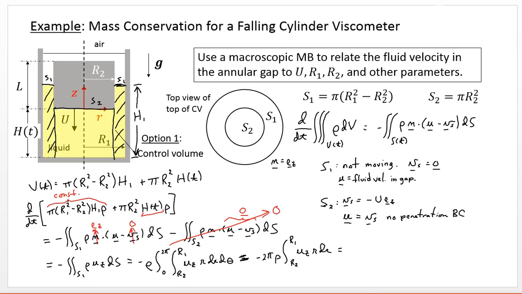We said the constant term, well, its time derivative is 0. So what's left here is pi r2 squared rho dh dt.